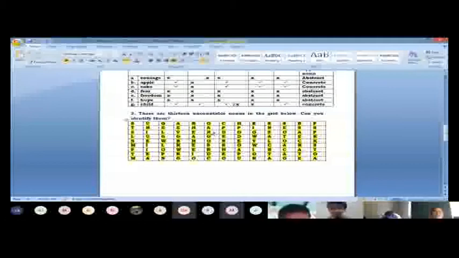Silver. Very good, silver. Say the next line. Up to E, one word is there. Luggage. Very good. So almost you know now. I will show the 30 words. You find out, right? You mention it. Okay.